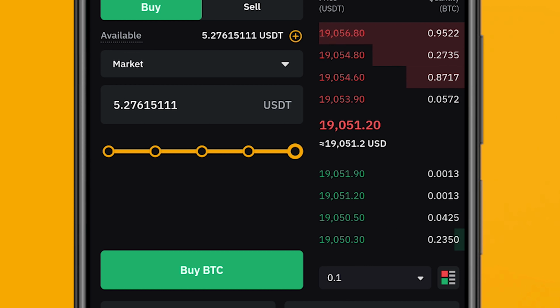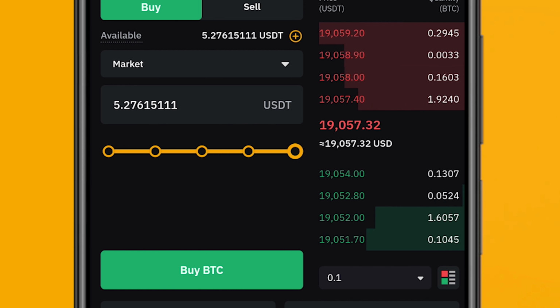So that is how the market price and the limit price differ. The market price buys the coin immediately at the best price, while limit order waits for your own price to buy. So that is the main difference between the two.